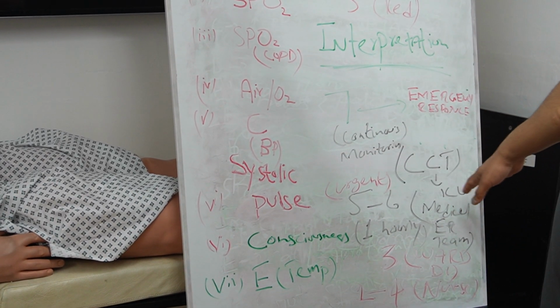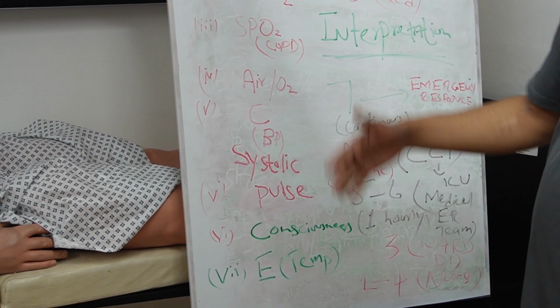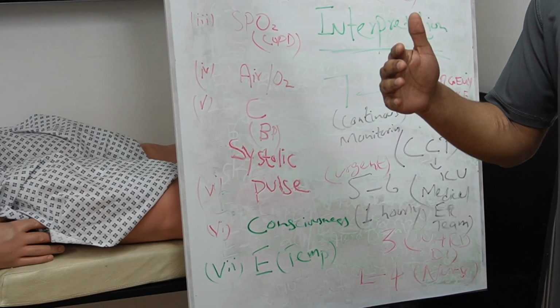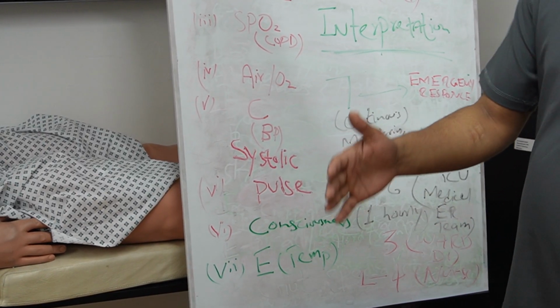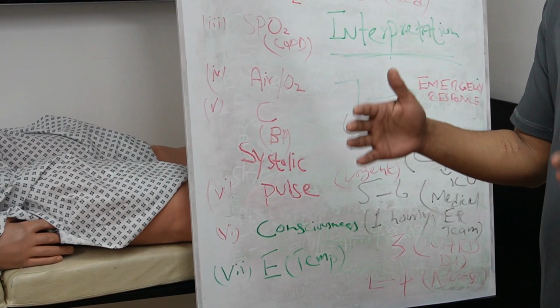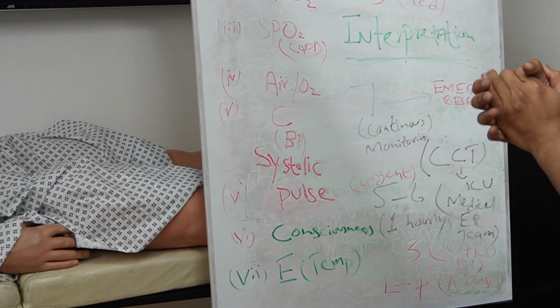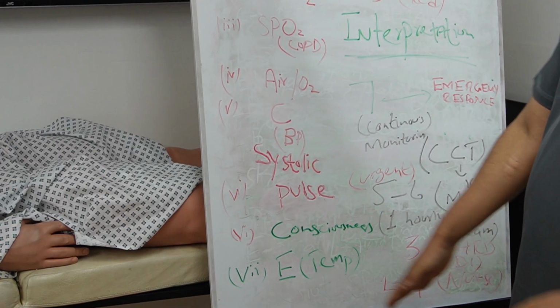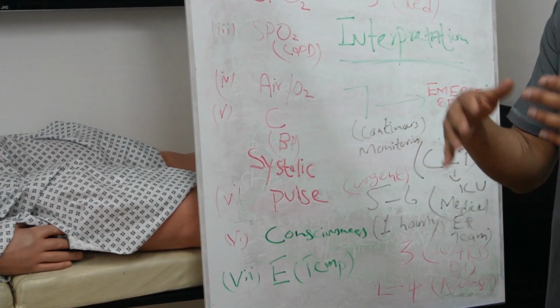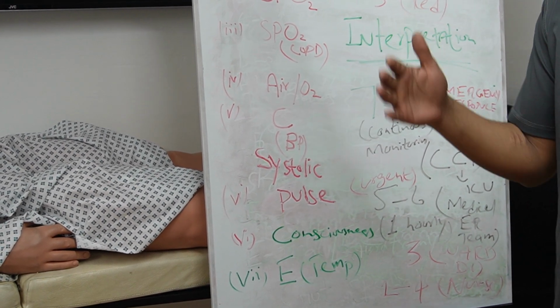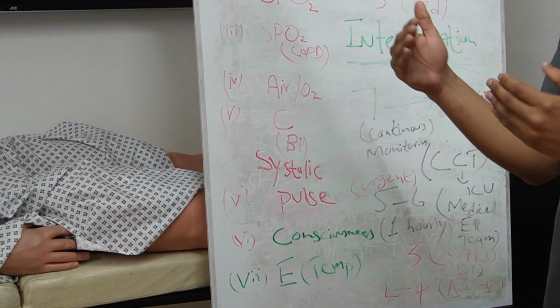And if a single parameter has a score of 3, then we need ward-based doctor care: the ward-based doctor will assess the patient and decide the escalation. If the score is 1 to 4, the ward-based nurse will assess the patient and decide the escalation, whether she needs to ask somebody for help or not.